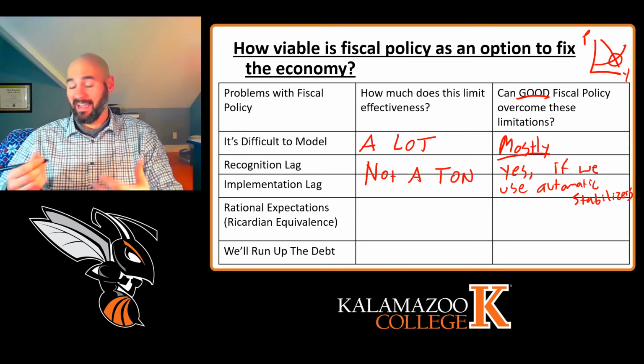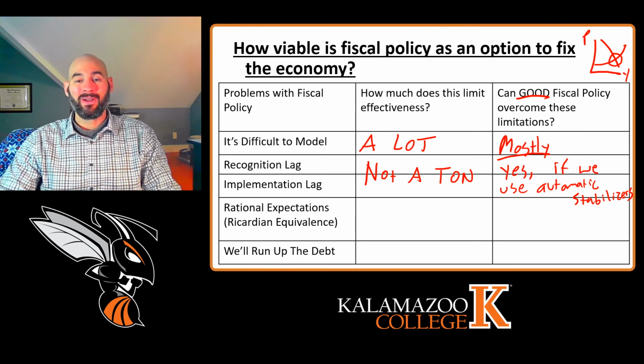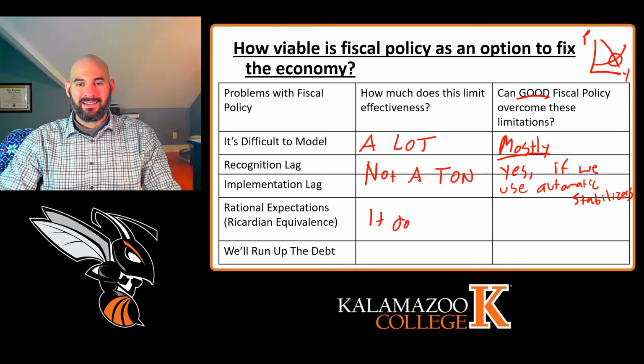Those were households saying, I have bills to pay now, I need food, and they were going to go out and spend that money. So I'd say that this does not impact the effectiveness of fiscal policy, and that good fiscal policy can absolutely overcome this limitation.